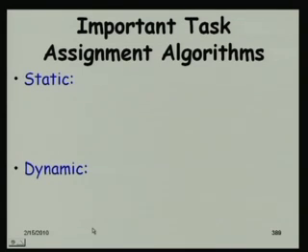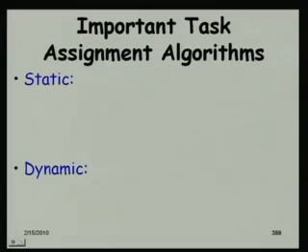Now, first look at the task assignment problem, because we had said that for task scheduling in multiprocessor distributed systems, task assignment is the first problem we need to worry about, and having done the task assignment, then we will worry about the task scheduling problem. There are two types of solution to the task assignment problem: the static solution and the dynamic solution.